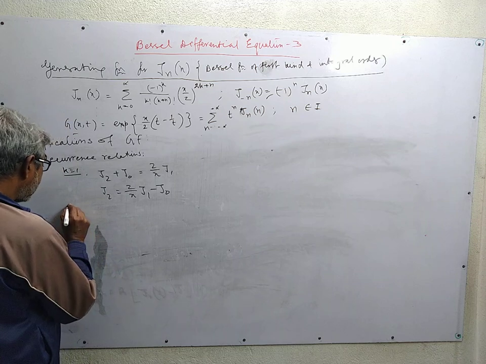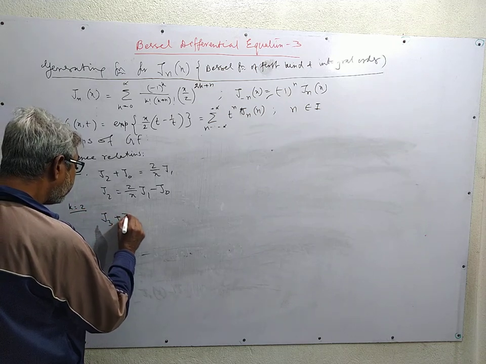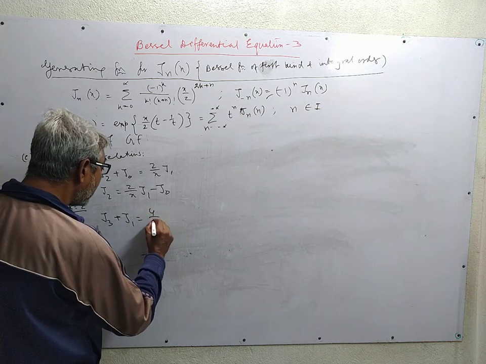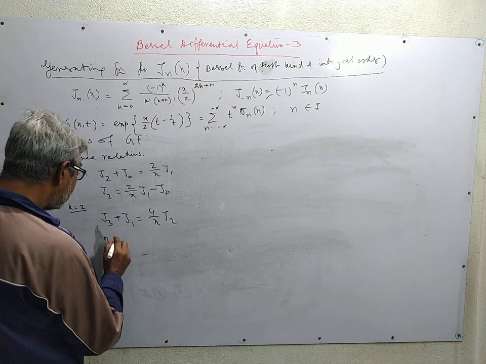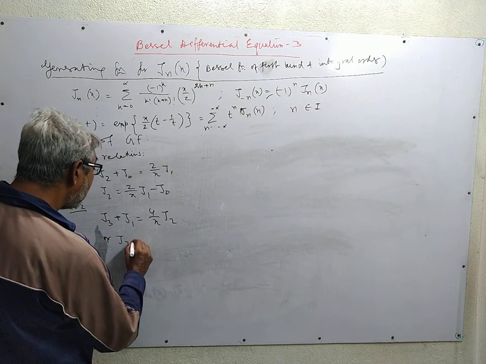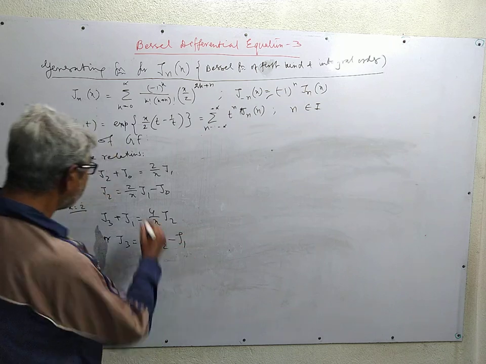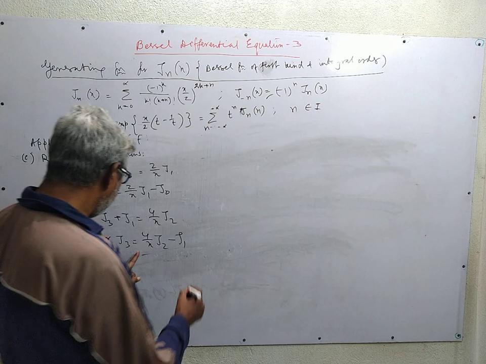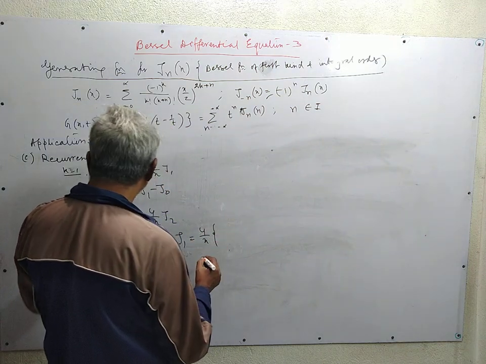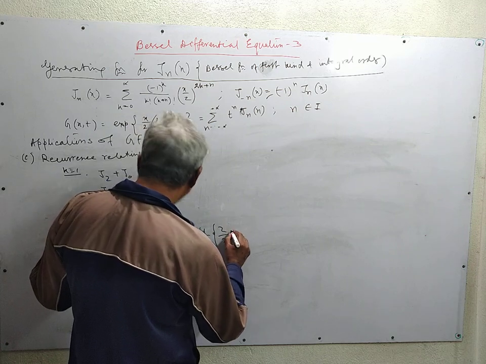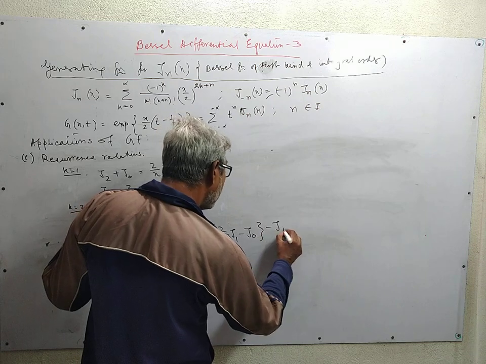For k is equal to 2, we get j3 plus j1 is equal to 4 by x j2, or j3 is equal to 4 by x j2 minus j1, and we can put the value of j2 over here: 4 by x times 2 by x j1 minus j0, minus j1.